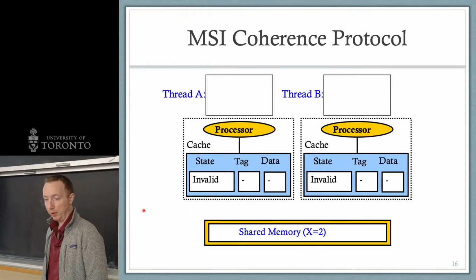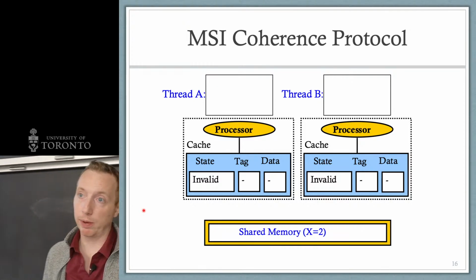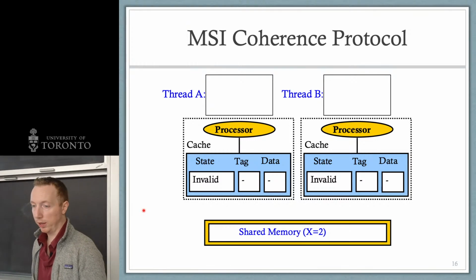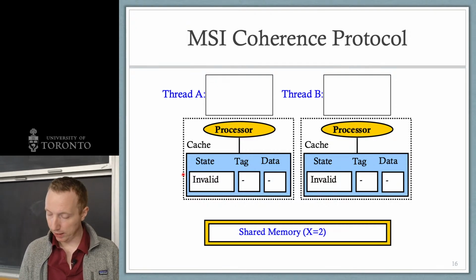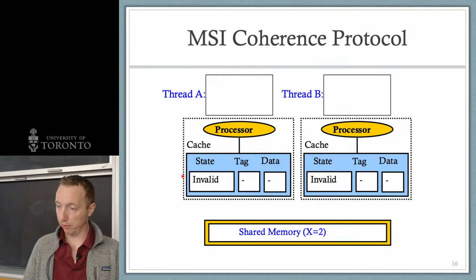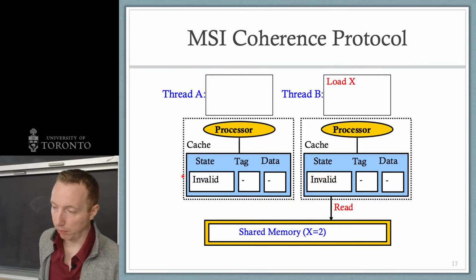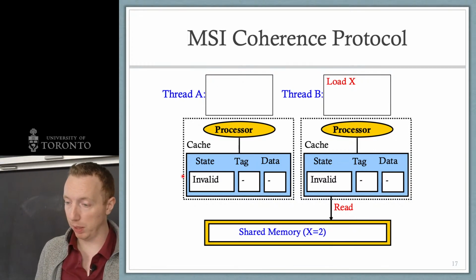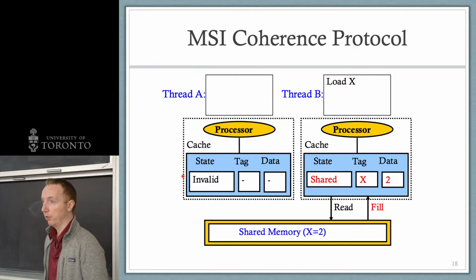So now if we go through that whole example again, where one thread writes to location X and the other one reads from location X. Now in the cache, we have that state as another field in the cache. So now if thread B loads X, that will cause a read to happen to main memory, and then it will update the state to simply shared.